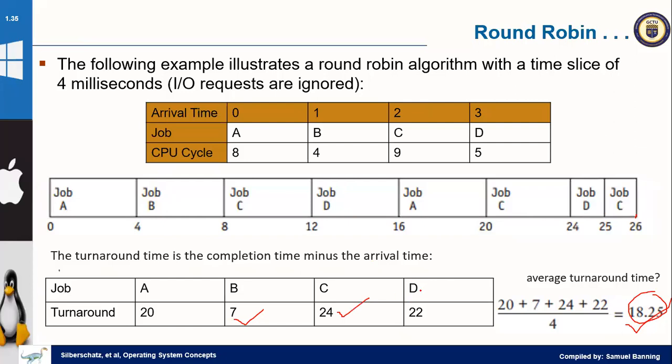Then that of D, D completed at 25. So it's 25 minus 3. That will give us 22. Oh, okay, Prince. Thank you. Okay, guys, on that note, I guess our calculation is correct. So we have 18.25 as the average turnaround time.